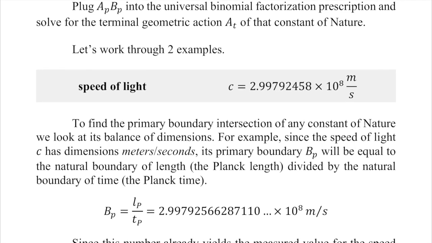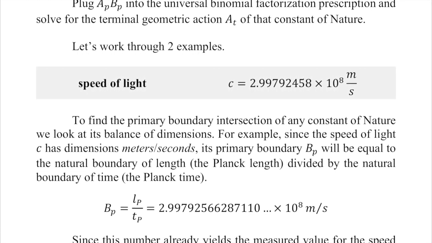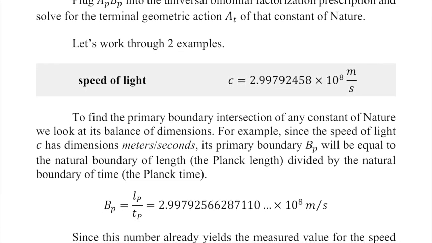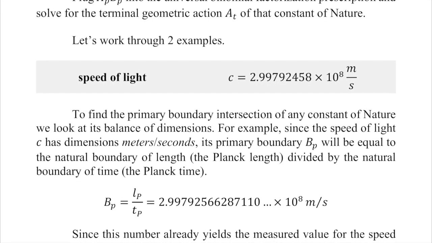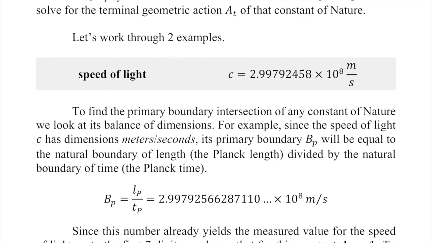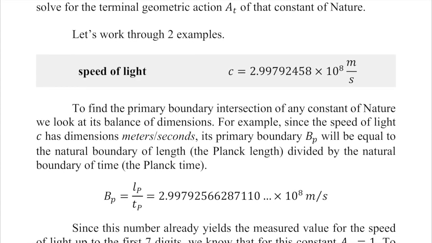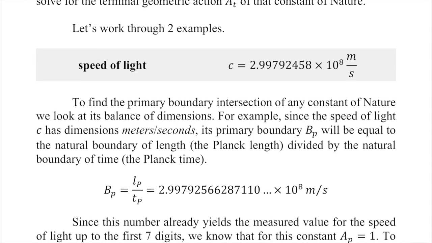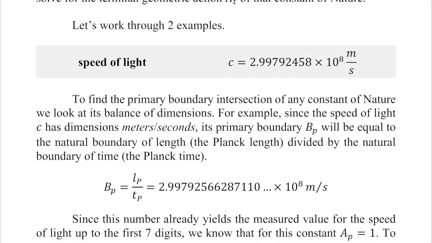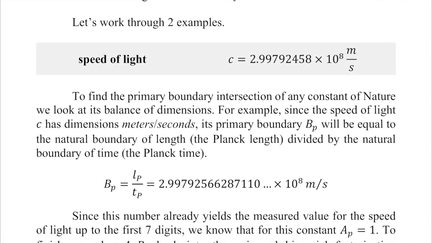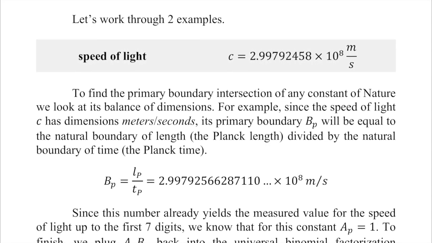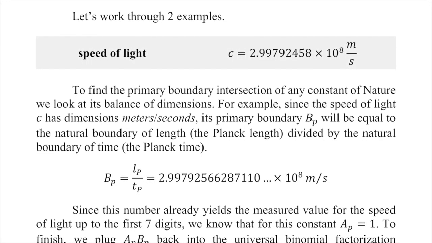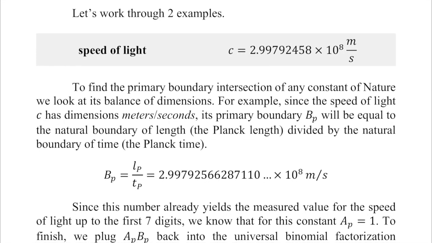So we just look at the dimensions in the constant of nature, the dimensions that the constant of nature is defining a relationship between, to begin with, right? If you ask, what is the speed of light? It's 2.9979248 times 10 to the 8 meters per second. That's the answer of what it is. It's a number of meters per second. It's literally a dimensional relationship.